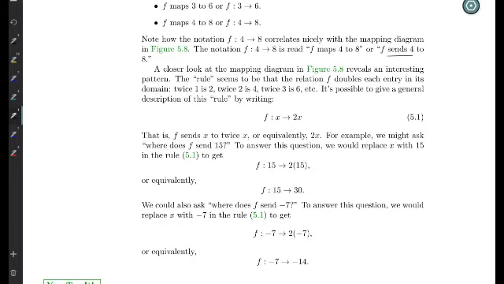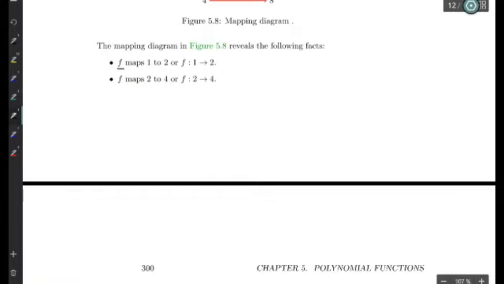So now notice back here that 1 is sent to 2, and it's no coincidence that 1 times 2 is equal to 2. 2 is mapped to 4. 2 is paired with 4, or 2 is sent to 4. What do you do to 2 to get 4? Well, one thing you can do is take 2 and multiply it to itself.